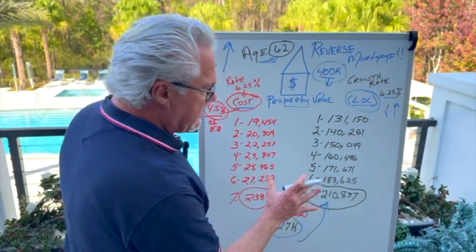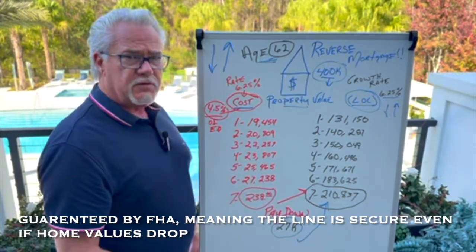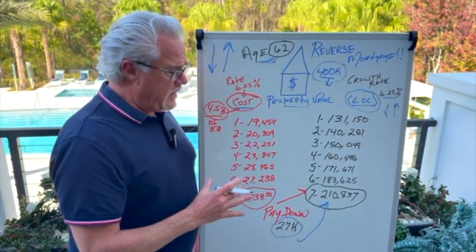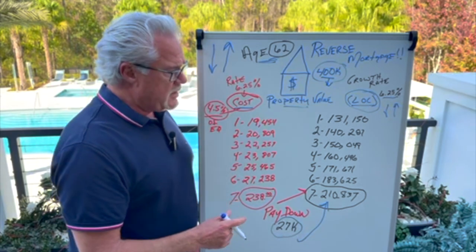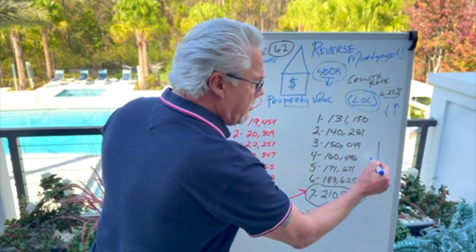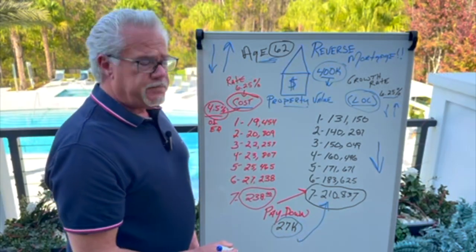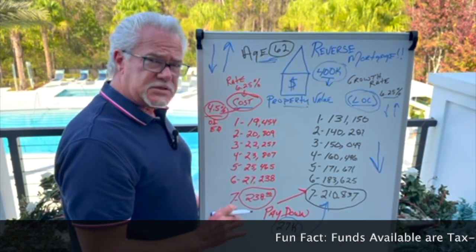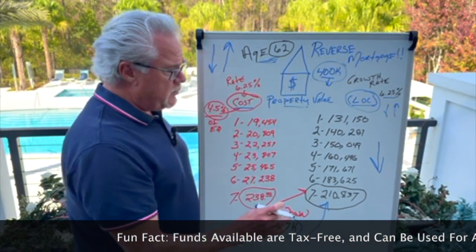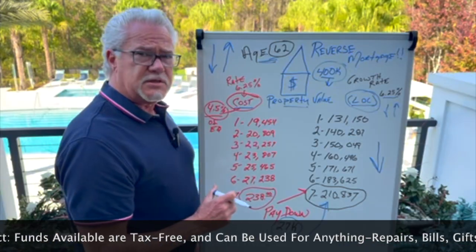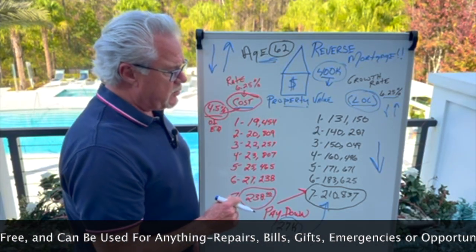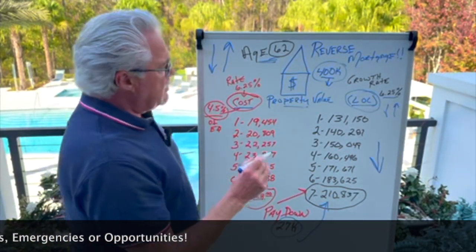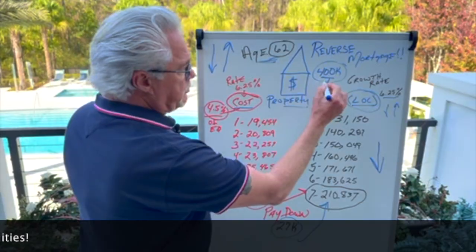The interesting thing about this is it's guaranteed by the federal government to continue to grow as long as you maintain your property, your insurance, and your property charges. This can never go down unless you withdraw money out. So if you didn't need anything and you wanted to prepare for in-home care, or have that line of credit available for maintenance, repairs and upkeep, it's going to continue to go up in value.